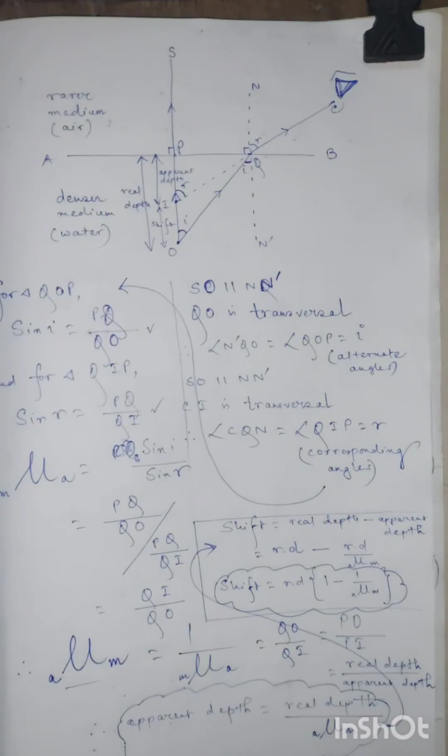So when we see an object inside water, we actually miscalculate the depth. We are actually observing the image of the actual object.